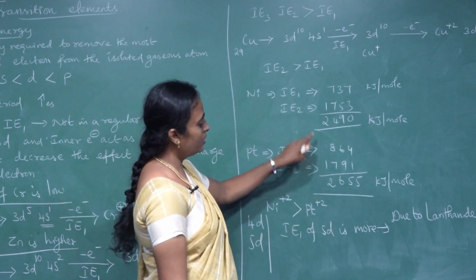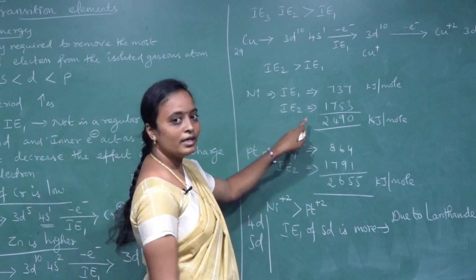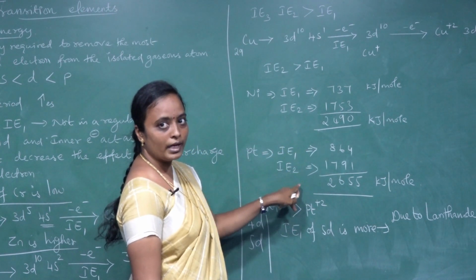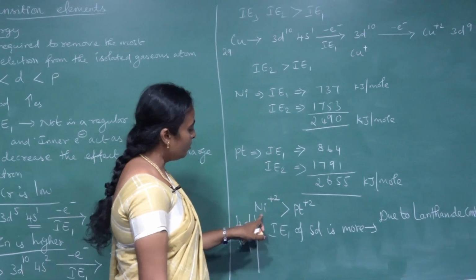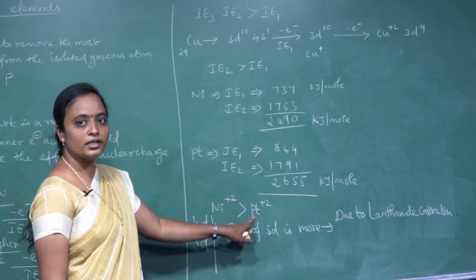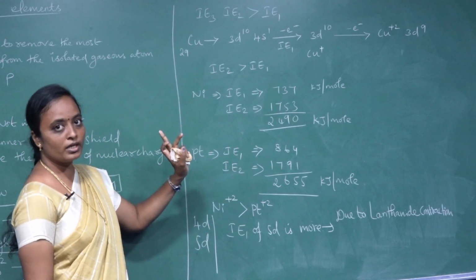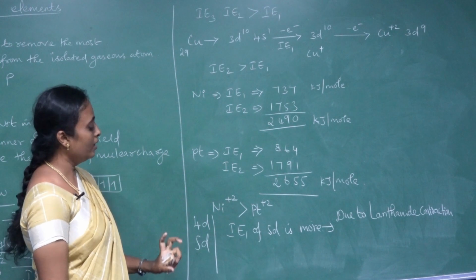So nickel plus 2 has a lower energy value compared with platinum. So the nickel plus 2 complex is more stable than the platinum plus 2 complex. This can also be explained based on thermodynamic stability.